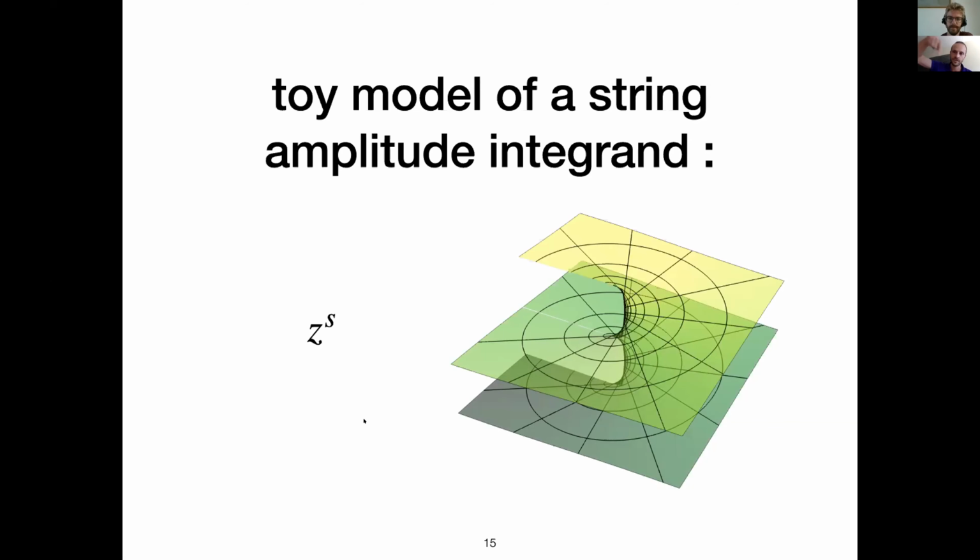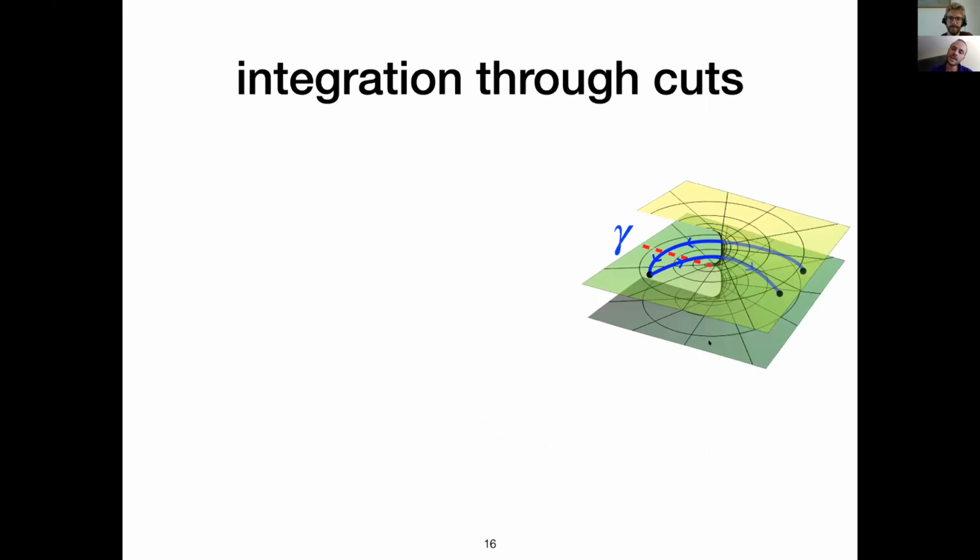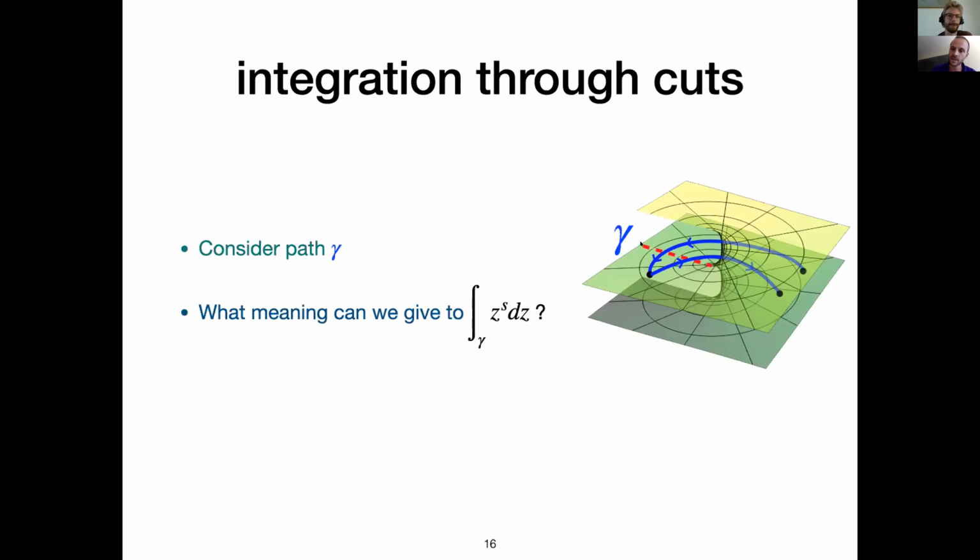That defines an infinitely sheeted Riemann surface that's drawn here, and we take a cut along the negative real axis. Now let's consider this path gamma that goes through this cut, the red dashed cut. What's the meaning that we want to give to integrating z to the s through this cut in this way?